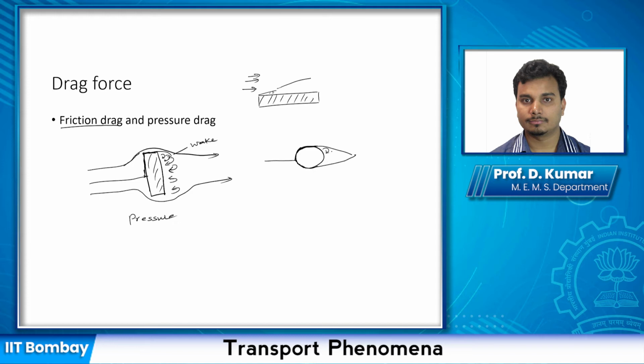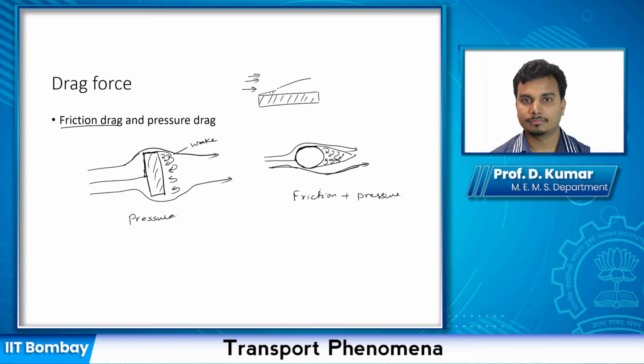In this region, it forms a wake. So you have flow like that, and the contribution to drag will be from both friction plus pressure.